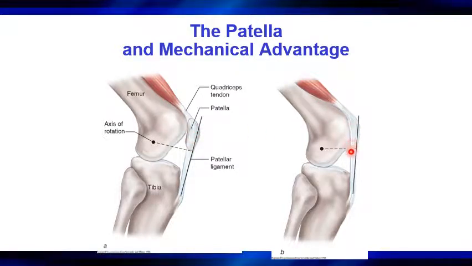If you didn't have a patella, that tendon would sit flat right up against the femur, closer to the knee joint. So your force would be produced really close to the axis of rotation, whereas here the patella helps maintain that distance. The absence of it would cause the tendon to fall closer to the knee's center of rotation, which would shorten your moment arm.